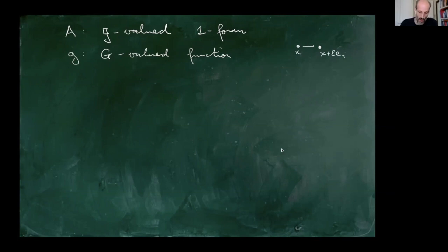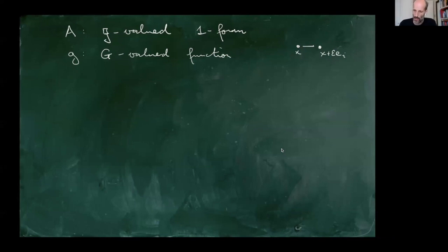And g, since g is supposed to be a smooth function, that means that the value of g at this point here should be very close to the value at this point here, right? So there should be an expansion in powers of epsilon.